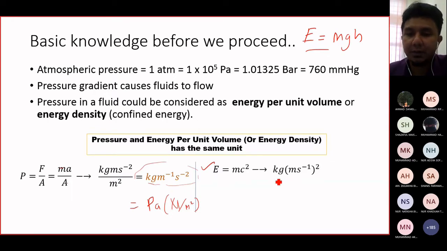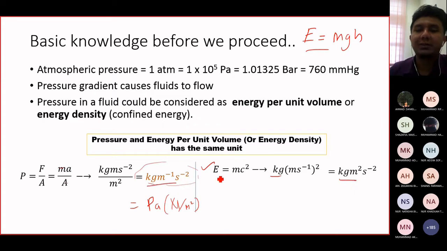So E equals mc square, m is kilogram, c is your speed of light, meter per second square. So now the unit will be kilogram meter square per second square. Still, this is not the same as this.